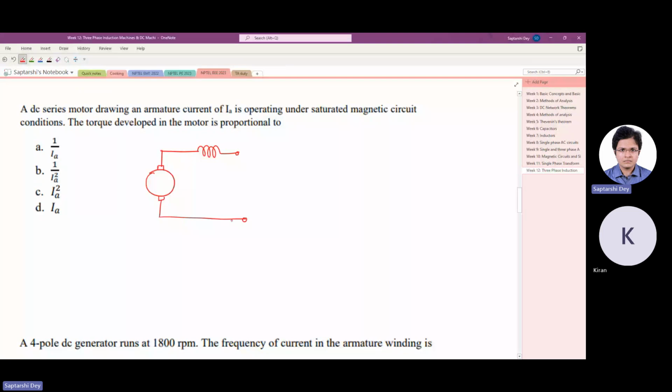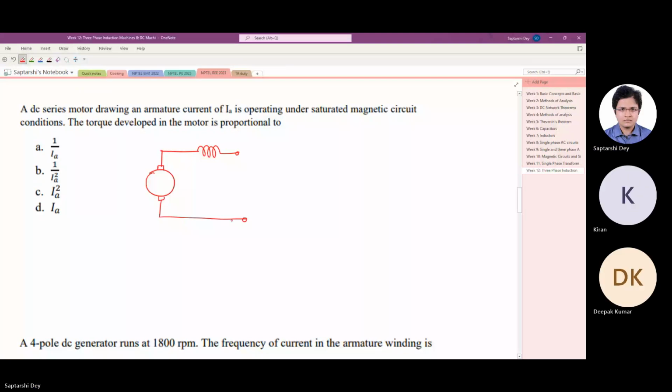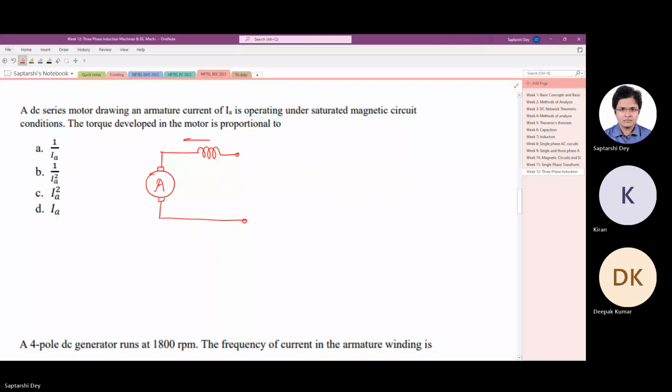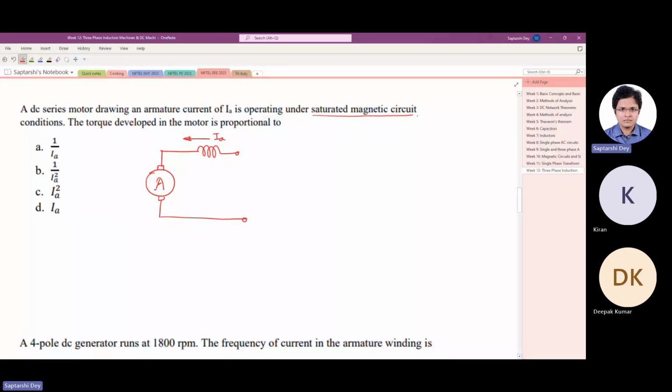That is why the name DC series motor. Now the question says that it's operating under saturated magnetic circuit conditions. So what do they want to convey by this statement?